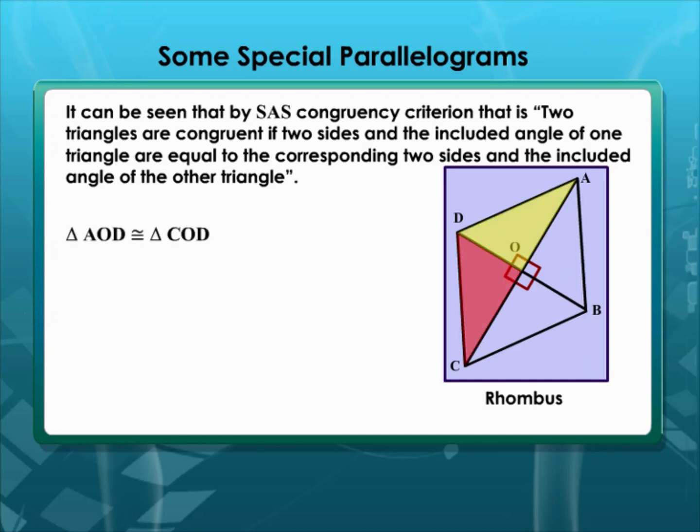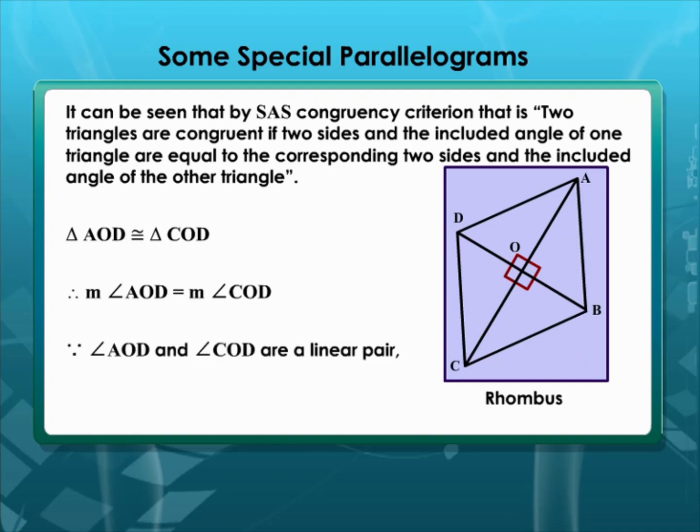So triangle AOD is congruent to triangle COD. Therefore, the measure of angle AOD is equal to the measure of angle COD. Since angle AOD and angle COD are a linear pair, the measure of angle AOD is equal to the measure of angle COD, which is equal to 90 degrees.